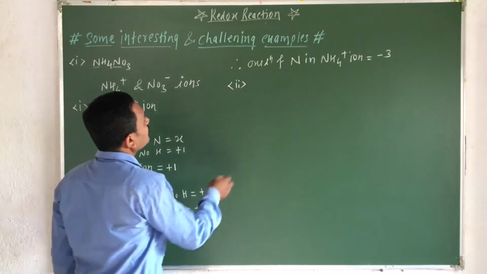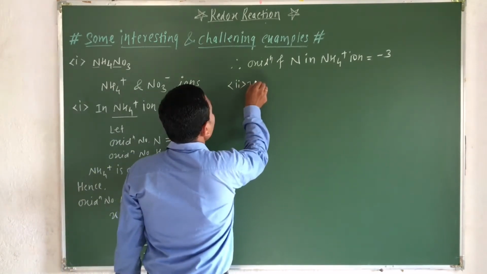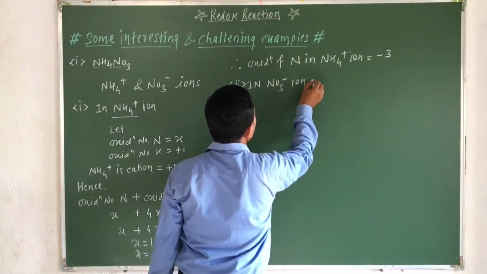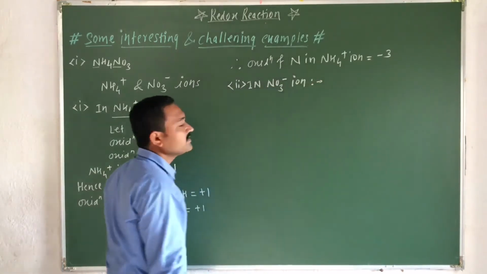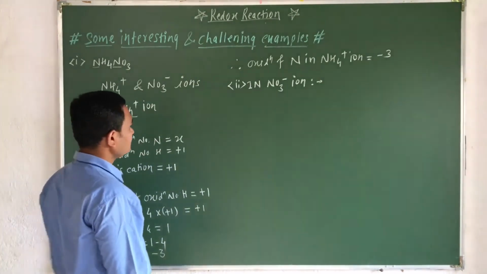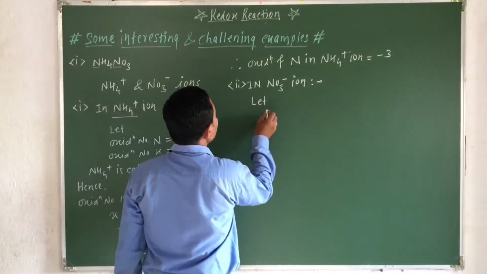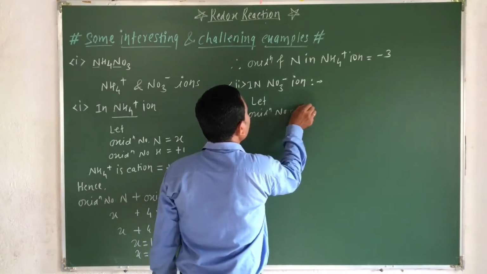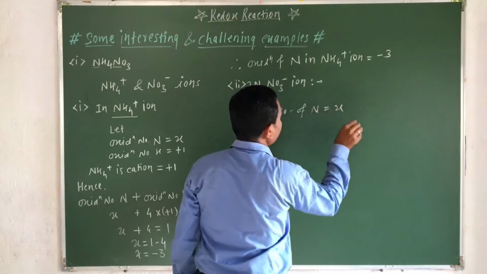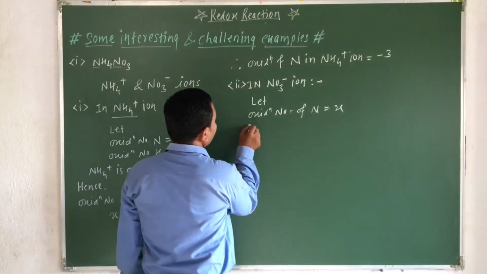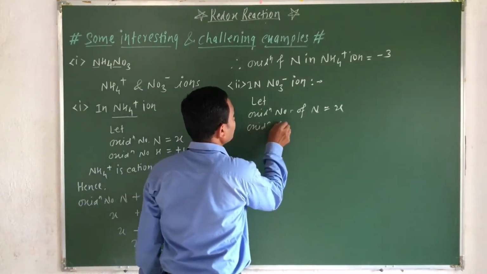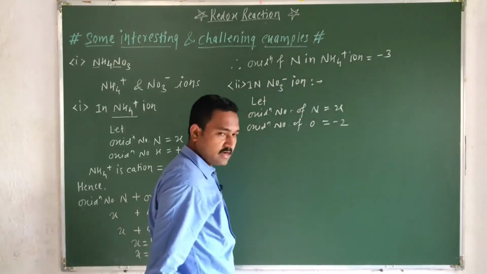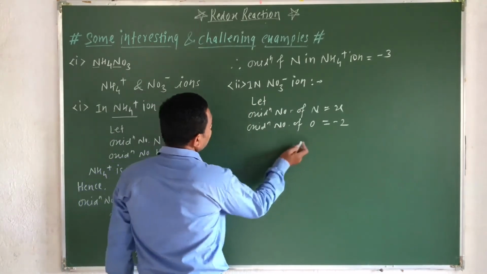Now let us consider the next ion, the NO3 minus ion. How can we calculate? Again, very simple, write it down step by step. Let the oxidation number of nitrogen equal X. Then the oxidation number of oxygen in all of its compounds equals minus 2.